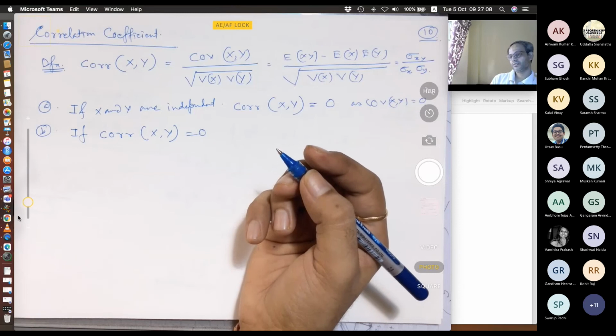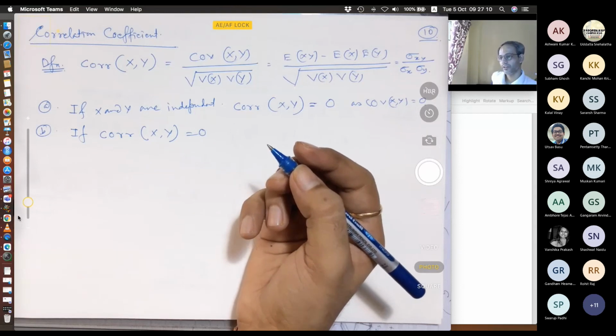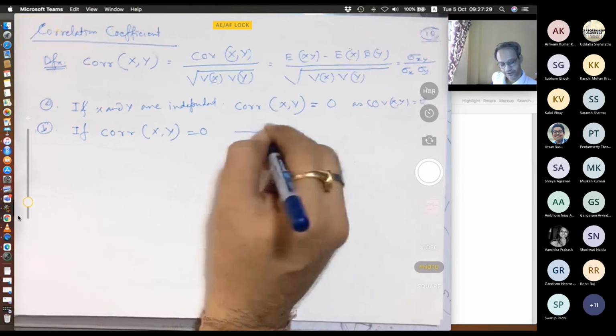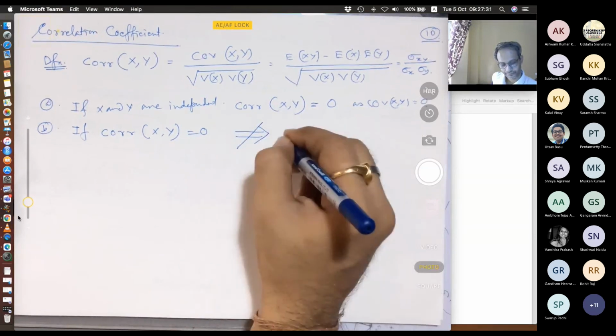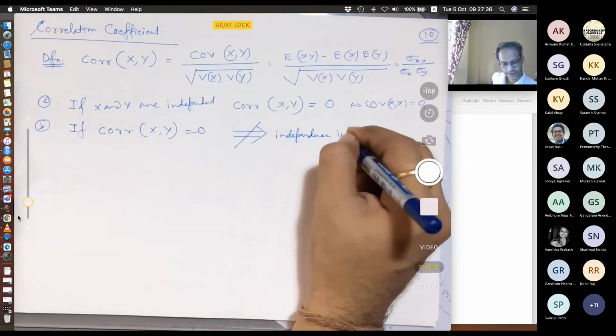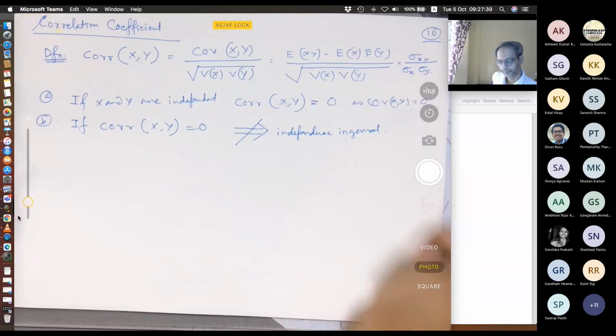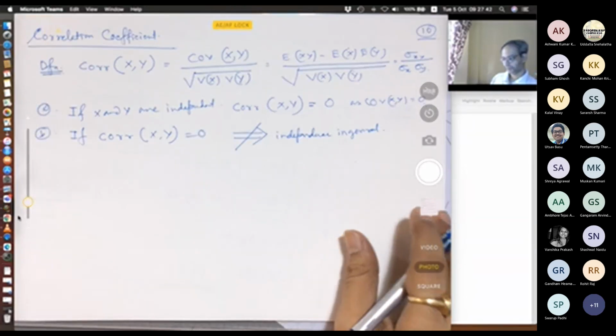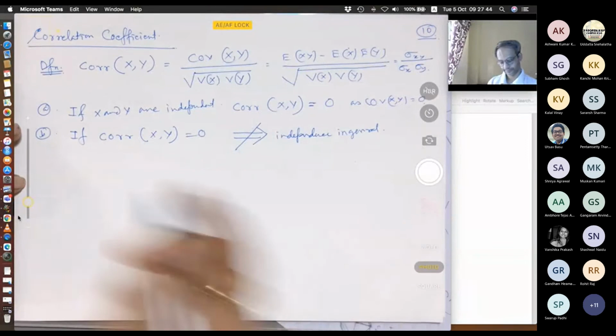If correlation is 0, will it imply that x and y are independent? In general it doesn't imply. The special case we will come across.